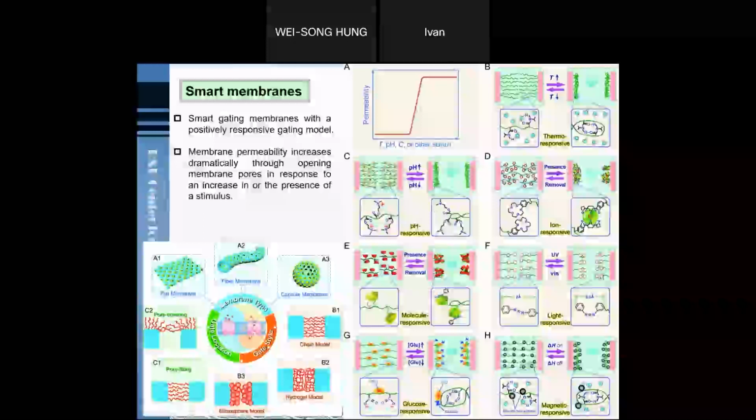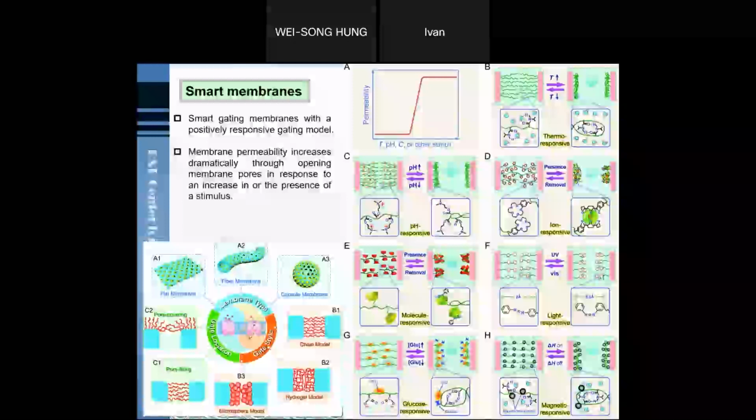Then I will talk about smart membranes, smart polymeric membranes. We know the responsive membrane is a hot research topic in recent years. This is a review article from Professor Chu's group, who teaches at Sichuan University.